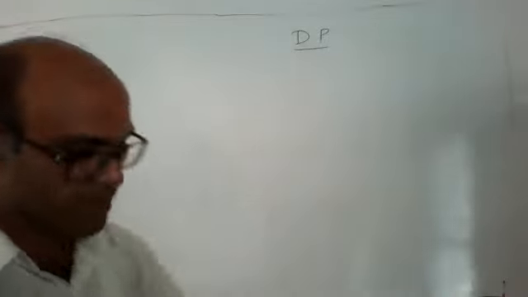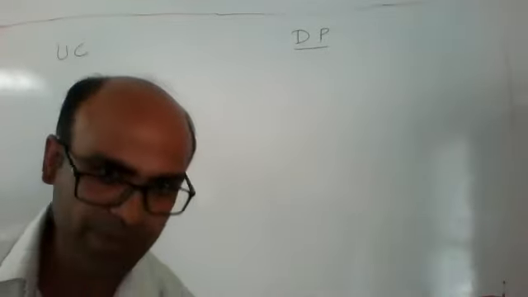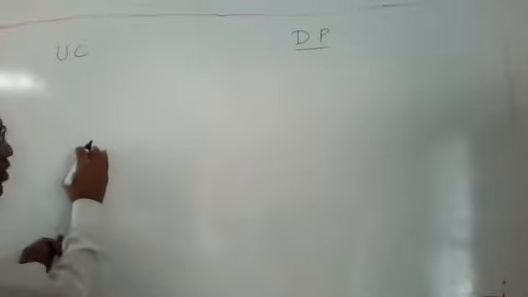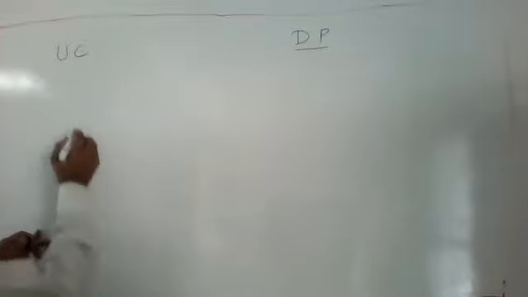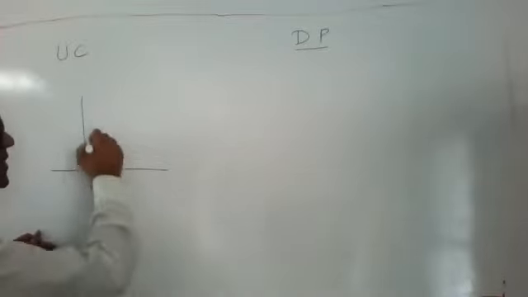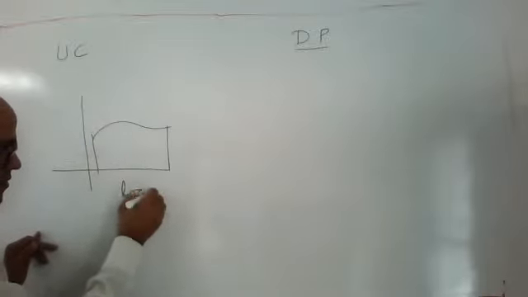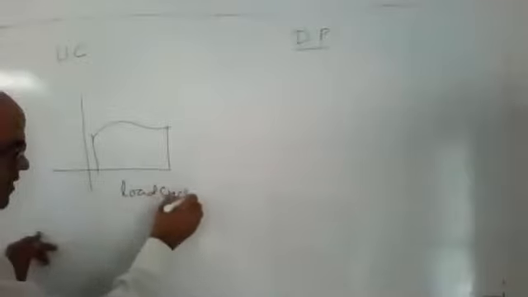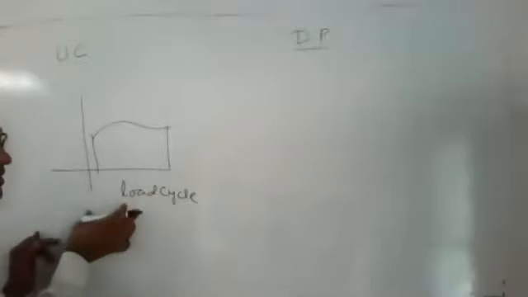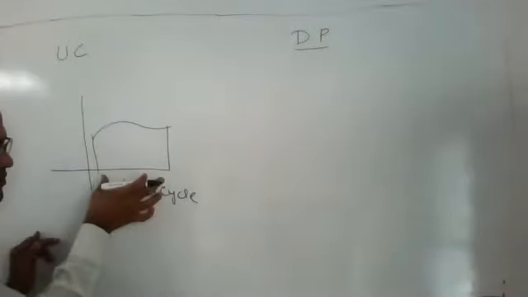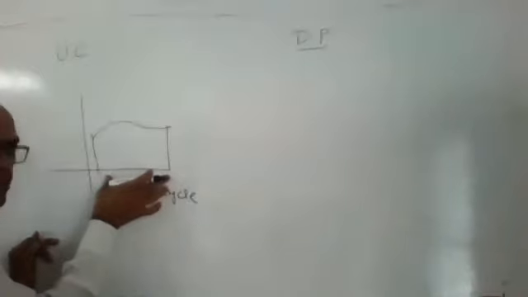So how do I solve? This problem uses discrete steps. And unit commitment uses a load cycle. Suppose this is a load cycle. For this, unit commitment will give a solution in one load cycle.